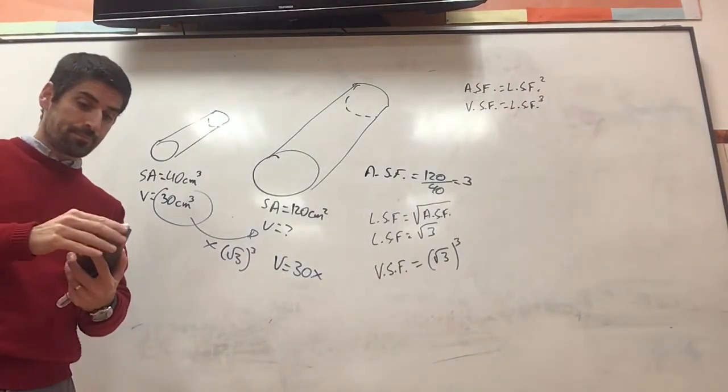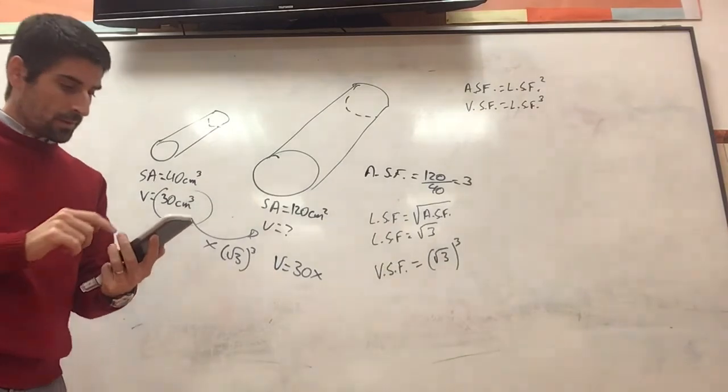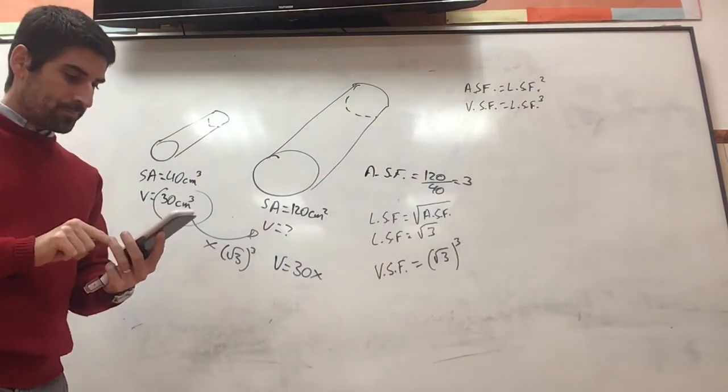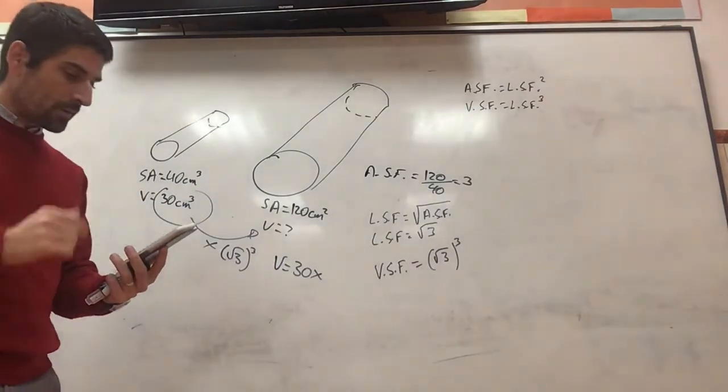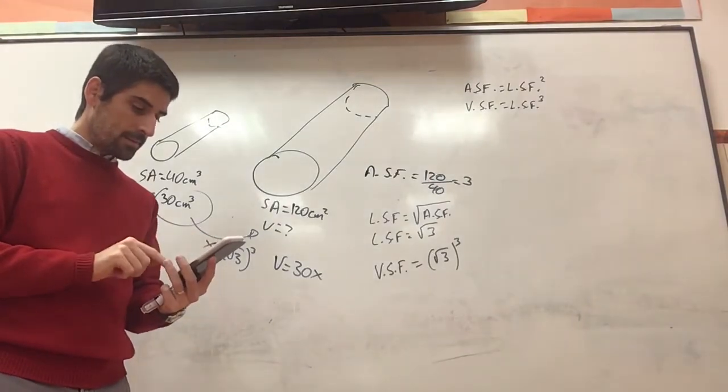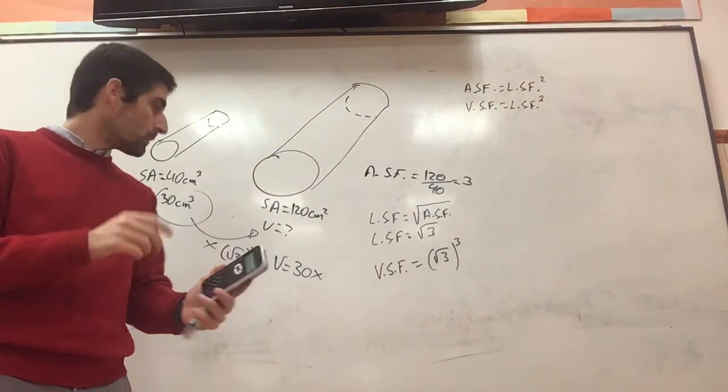Here we go, calculator ready. Square root of 3 is 1.73 something or other. If I cube it, I get 5.1 and so on.